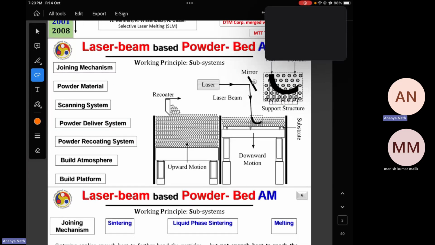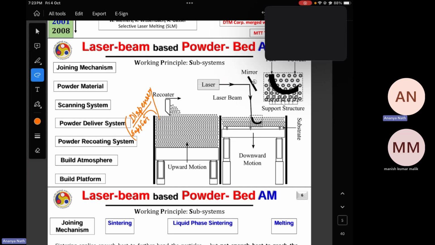So now, what I was trying to describe is this picture. This is what we call the dispenser. In EOS, we call it supplier in other companies. So every company has their own term for each section. So this is basically the chamber where we pour the powder, this dispenser or supplier.